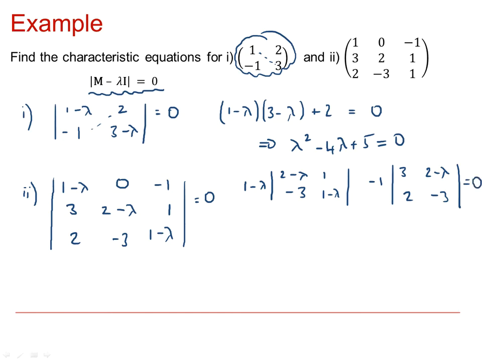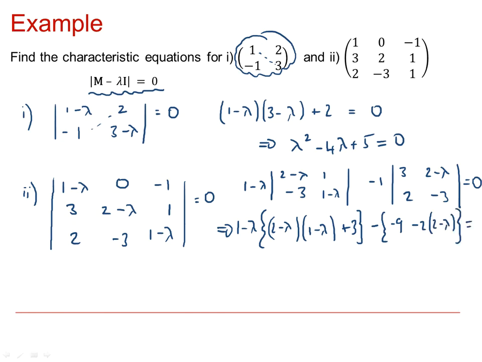So then multiplying it out, that gives us 1 minus lambda, and multiplied by 2 minus lambda, multiplied by 1 minus lambda, and then minus negative 3, so plus 3, and then minus 1 multiplied by 3 minus negative 3 is negative 9, and then minus 2 multiplied by 2 minus lambda.